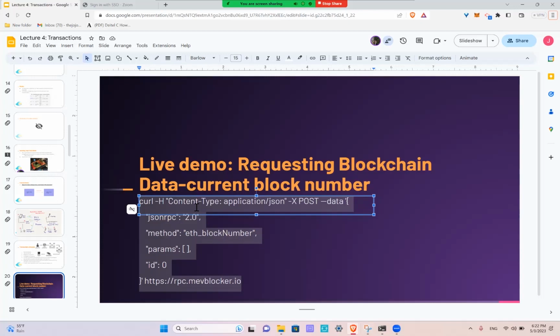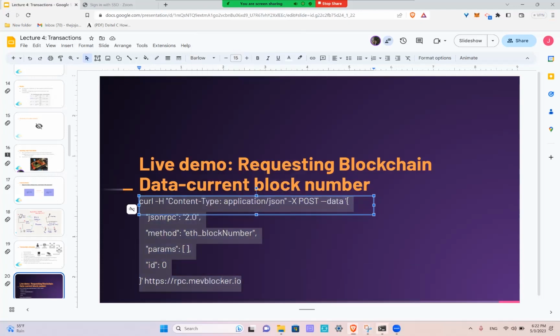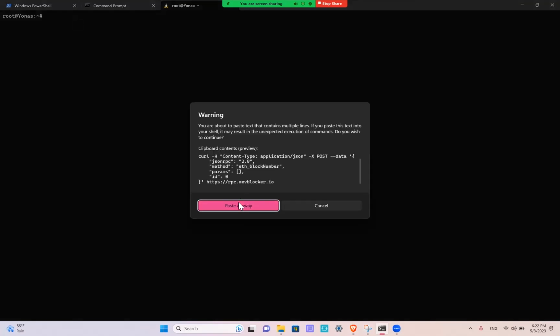So this might look a little complicated, but in reality, we're just going to be using this terminal to access a node. It might look super complicated, but basically we're just asking it to give us the number of the most recent block.